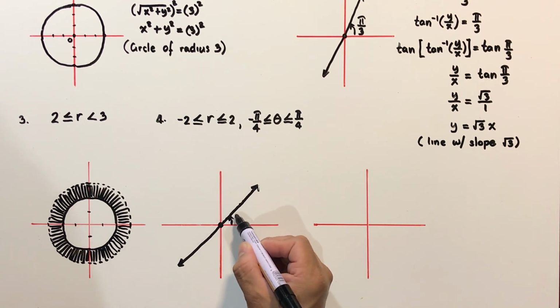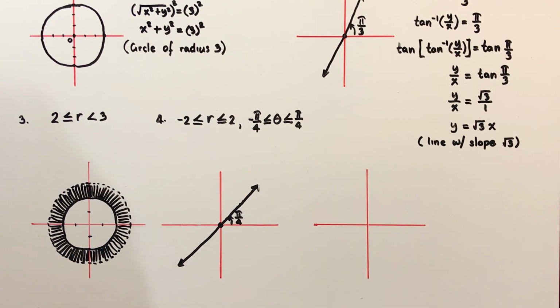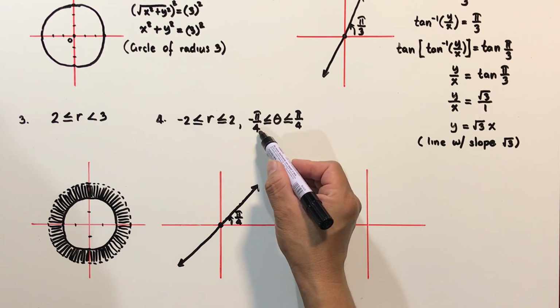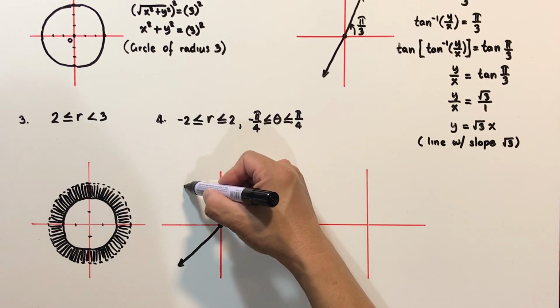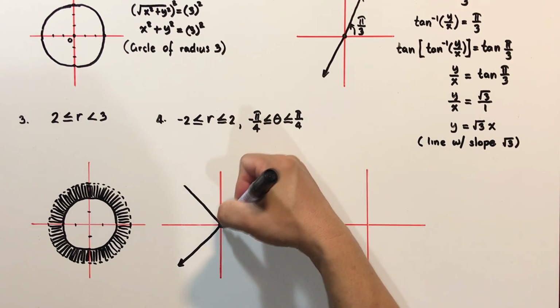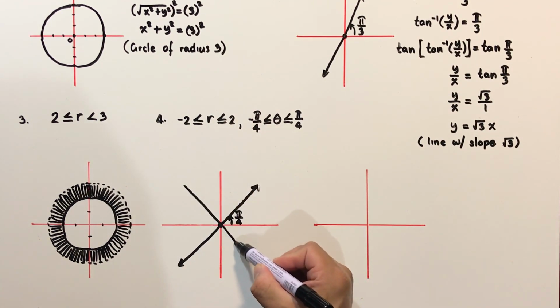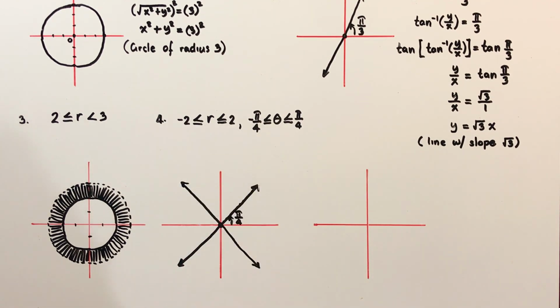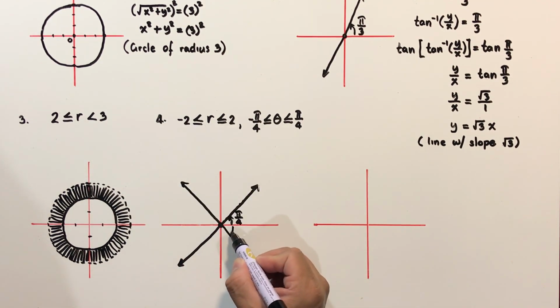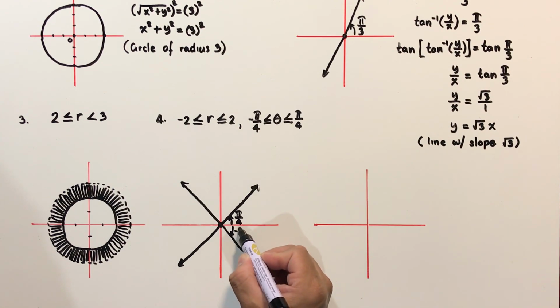So this is our pi over 4. Also, we can draw this straight line. This is a straight line that is also passing through the origin, but it's sloping downward because this one is having an angle of negative pi over 4.